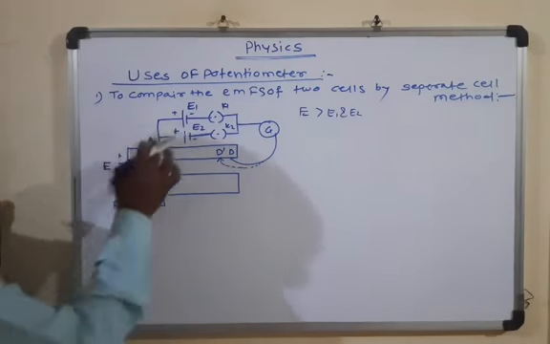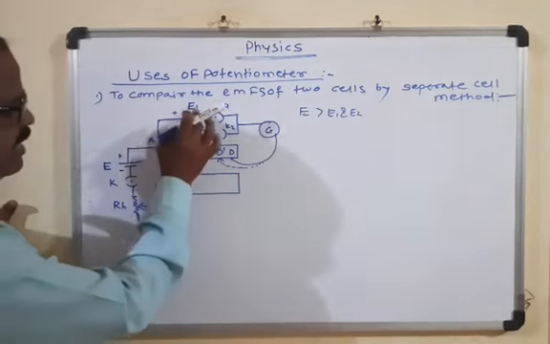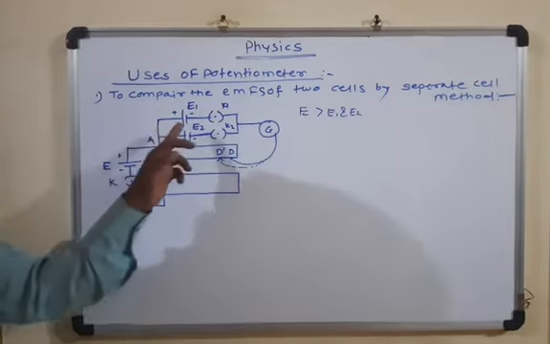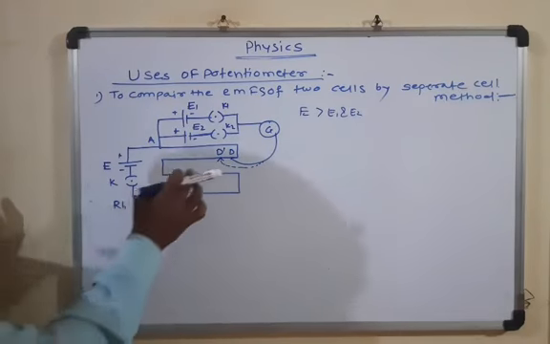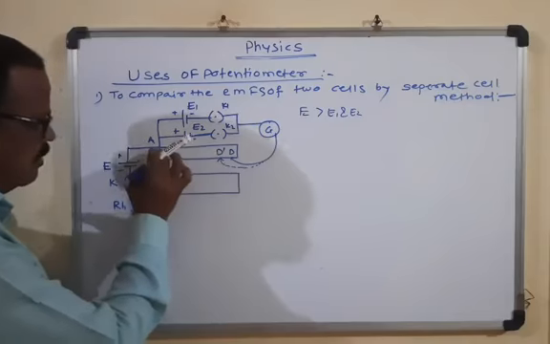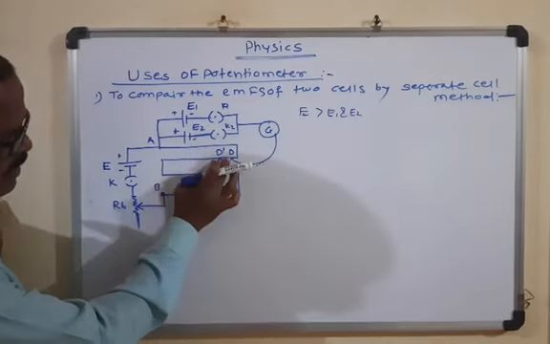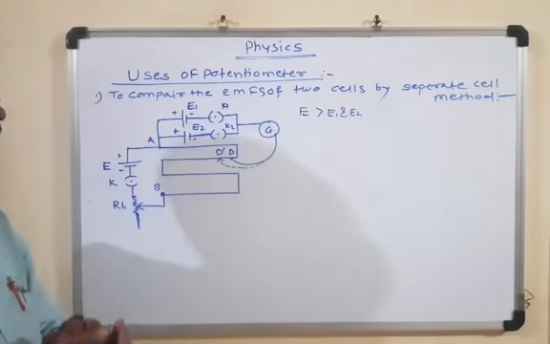Now keys K and K1 are closed. Therefore, cell E1 is in the circuit. Then tap the jockey over the wire AB and find the point of contact D at which the galvanometer shows null deflection.